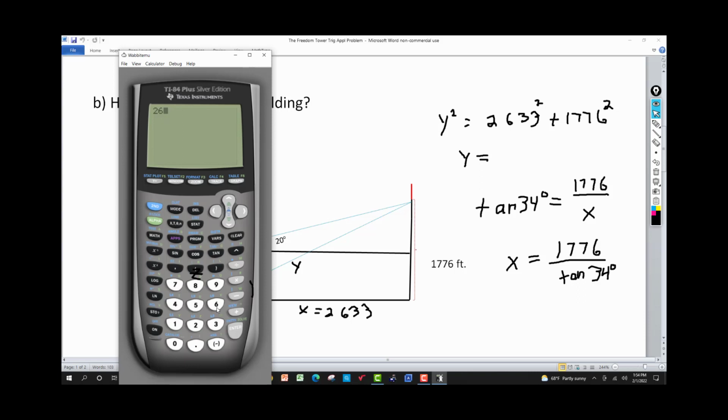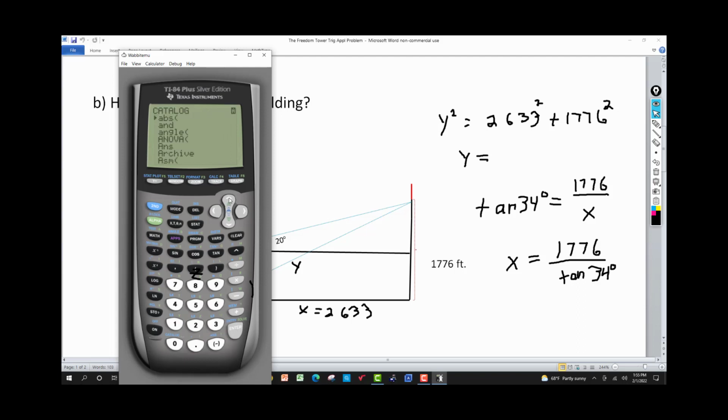So 2633 is going to be squared, and we're going to have a plus 1776, that'll be squared. Hit enter. So y then should equal the square root of that.